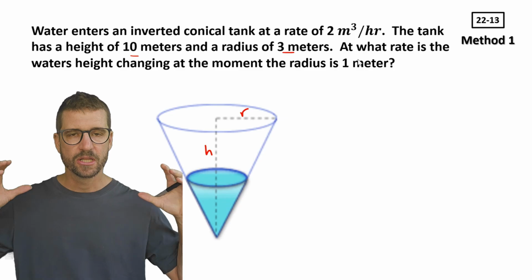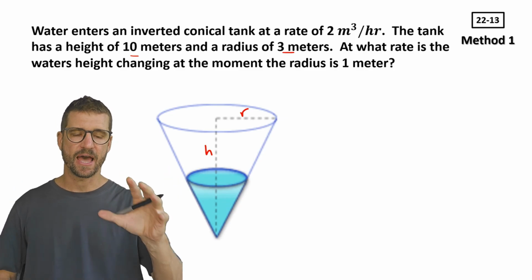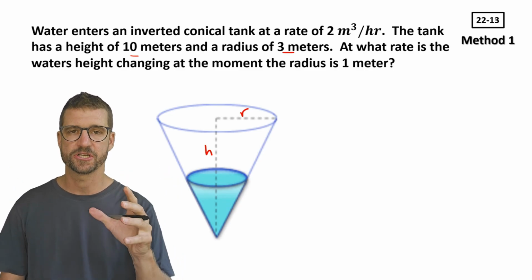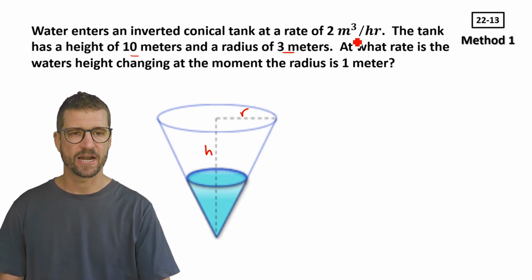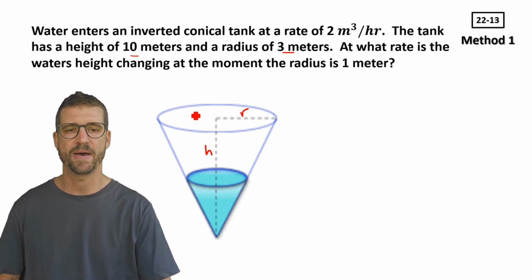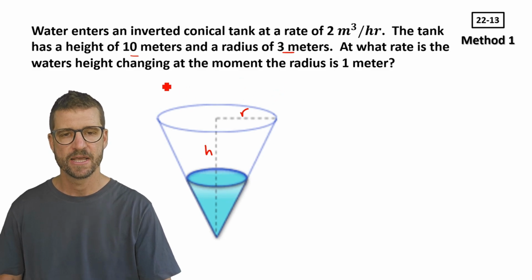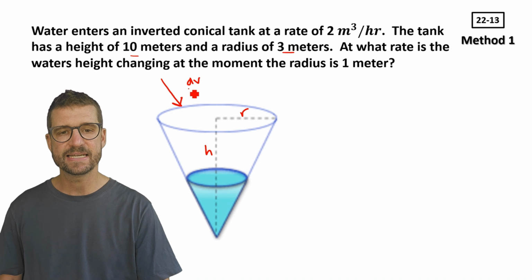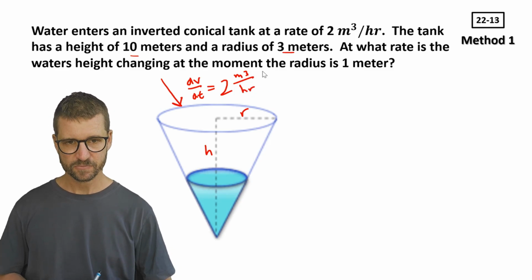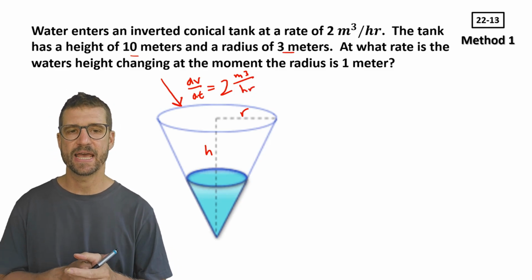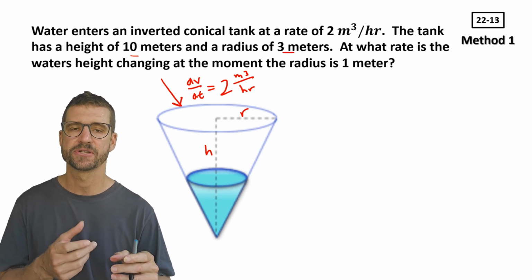Let's put together everything that this question tells us. First of all, we know water enters at a rate of 2 meters cubed per hour. Imagine you have a hose or something. In general, water is going in, which means dV/dt, the rate of change of volume with respect to time, is 2 meters cubed per hour. The tank has a height of 10 meters and a radius of 3 meters.